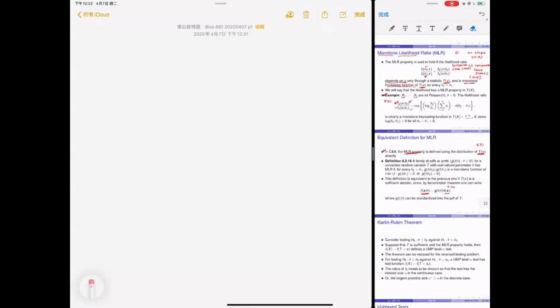Okay, so I said finding a UMP test is about pattern recognition. Read about what you do about your null hypothesis and alternative.